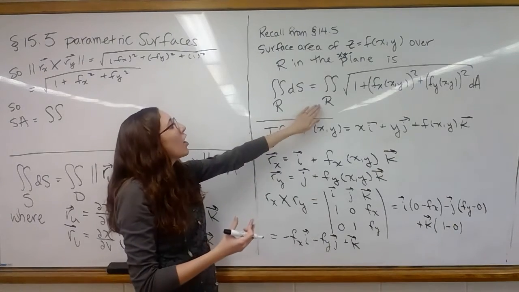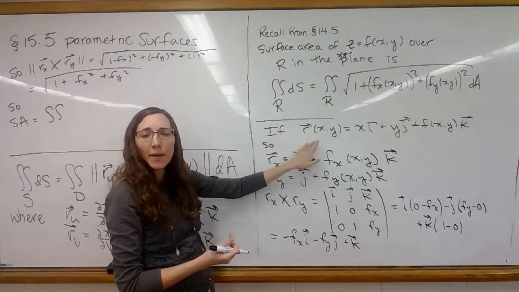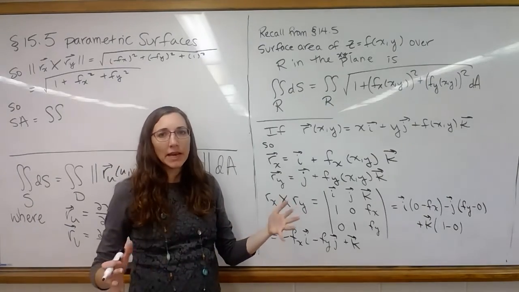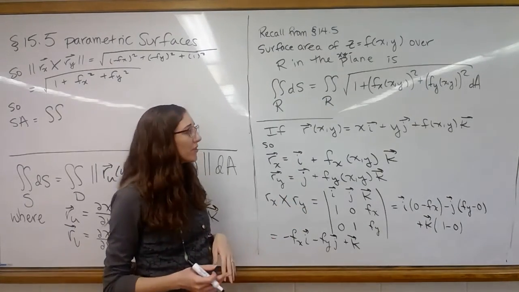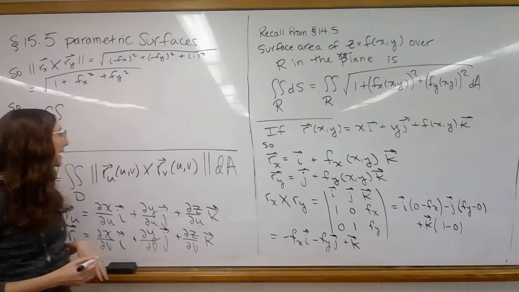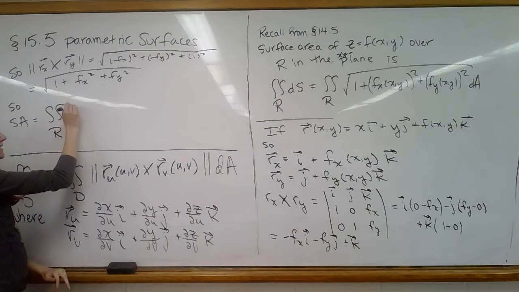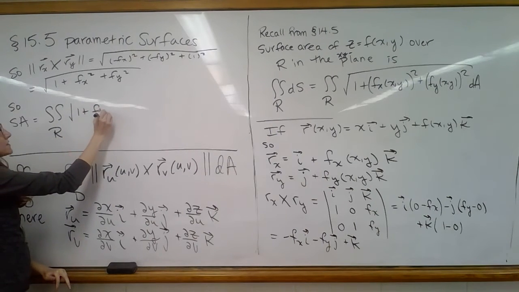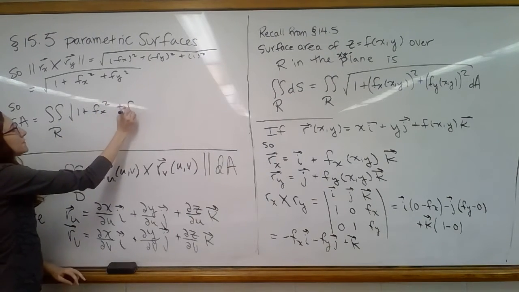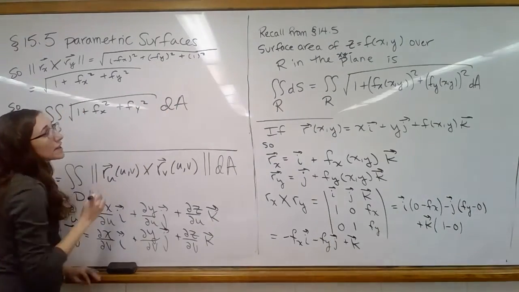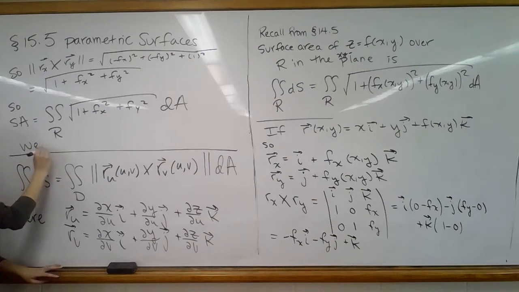So the domain R is going to be the same domain as D. They're the same regions, because it's just what are the bounds on x and what are the bounds on y. So both of those are the x, y plane. So this would be over R. And then the inside we would have 1 plus f sub x squared plus f sub y squared. And it would be a dA integral. So we do get the same thing, which is good.